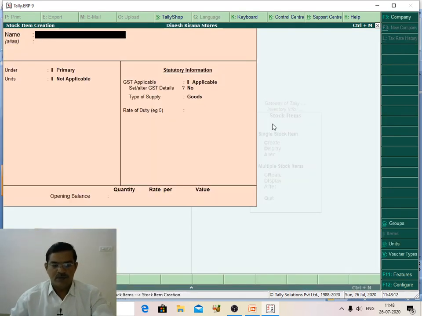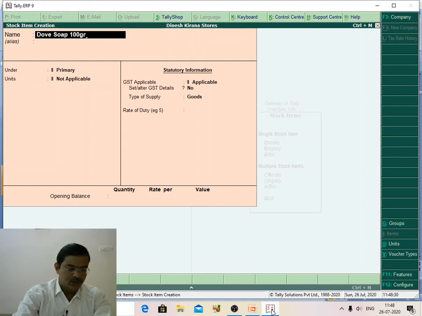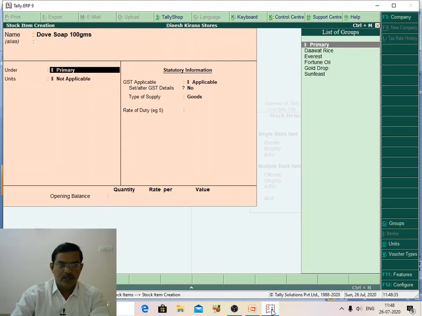Here, first, Dove. Now I am creating Dove. The stock item name is Dove soap 100 grams. It is under Primary only.